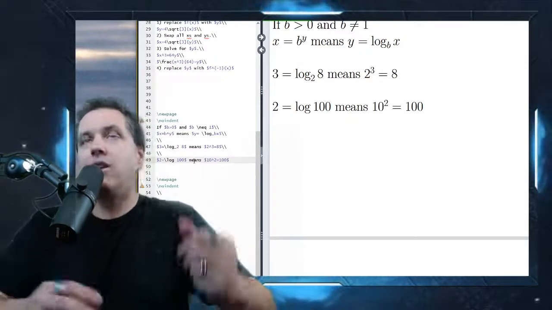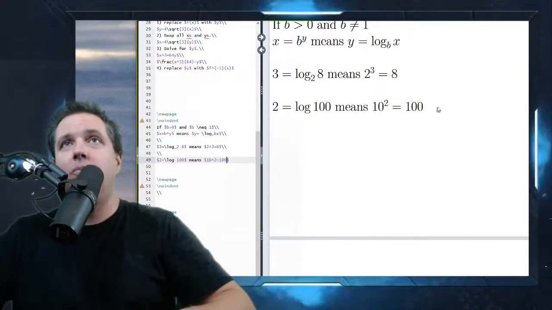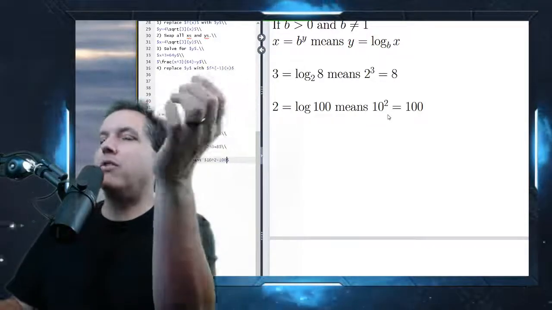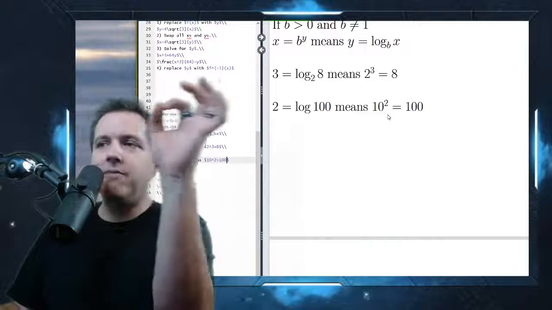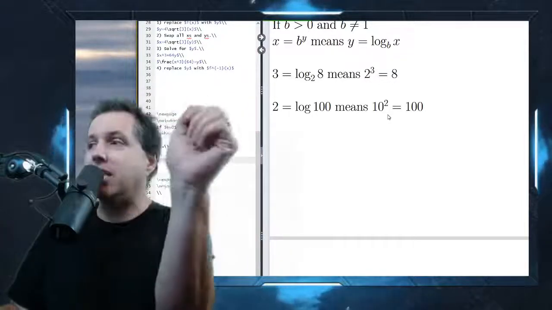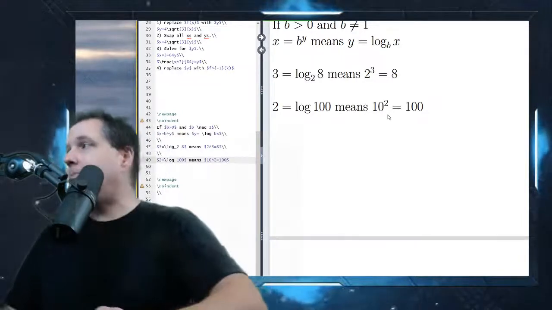We all know that. But it seems mysterious and confusing when it's written in the log form. Once we convert it to the exponential form, we understand it much better. This is why, especially in the beginning, whenever you're confused, use this to convert to that exponential form and see if that helps you make sense of what you're looking at.